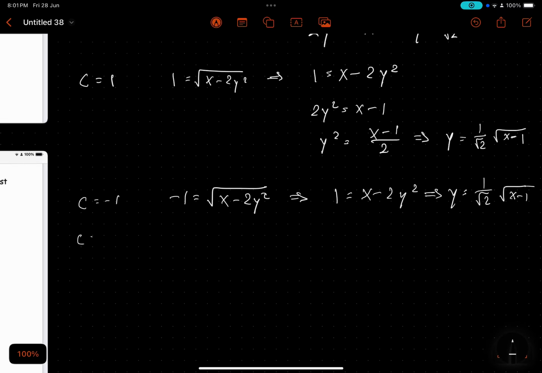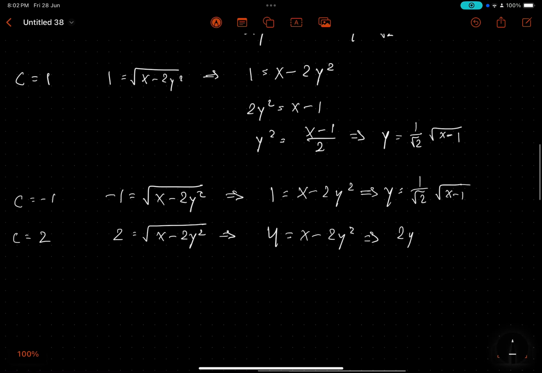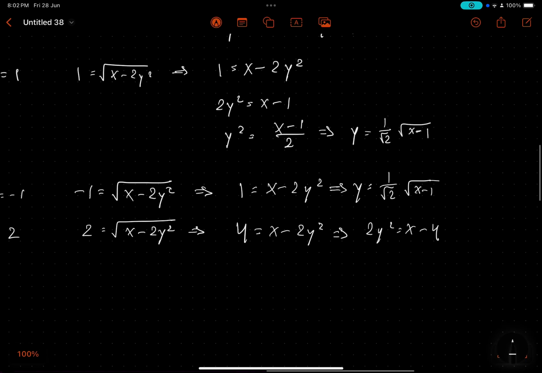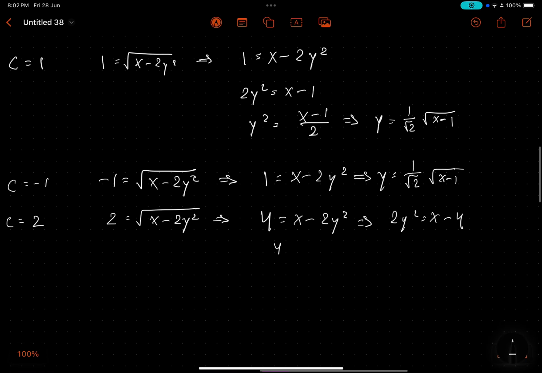If we take c equals 2, we get 4 equals x minus 2y squared, which yields 2y squared equals x minus 4, and so y equals 1 over root 2 times the square root of x minus 4.